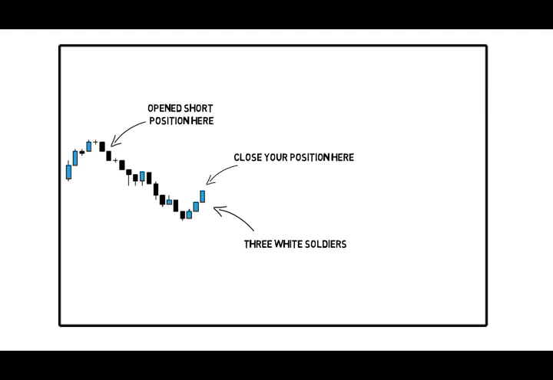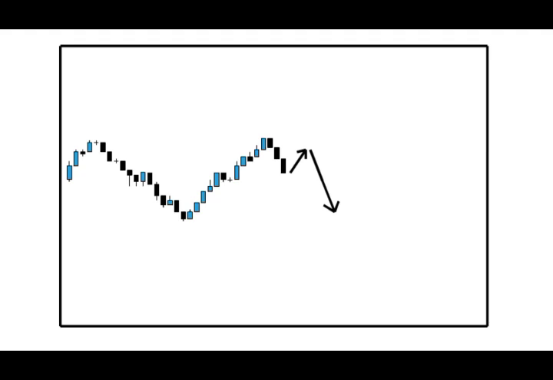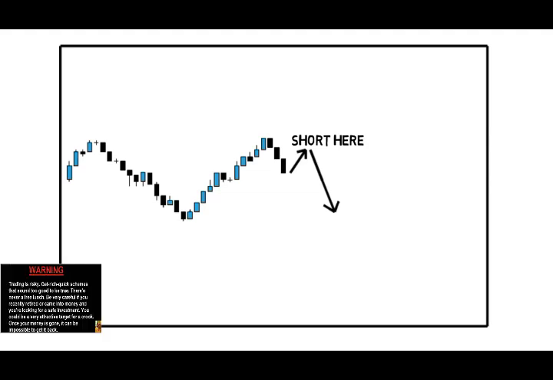Another way to use them for trading is to wait for the price to retrace and then enter the market with smaller risk. Example here. After 3 black crows have appeared, you wait for the price to rise again and short the market here. Remember, just like with all the other candlestick signals, these are valid only when seen at support or resistance.